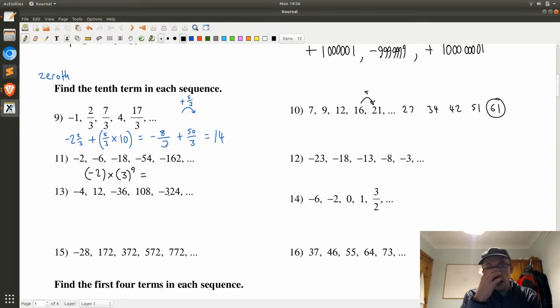Now, what's 3 to the 9? 3, 9, 27, 81, 243, 729, 2,187, 6,561, 19,683. So it's -2 times 19,683. And we do that and we get -39,366. Just there like that.